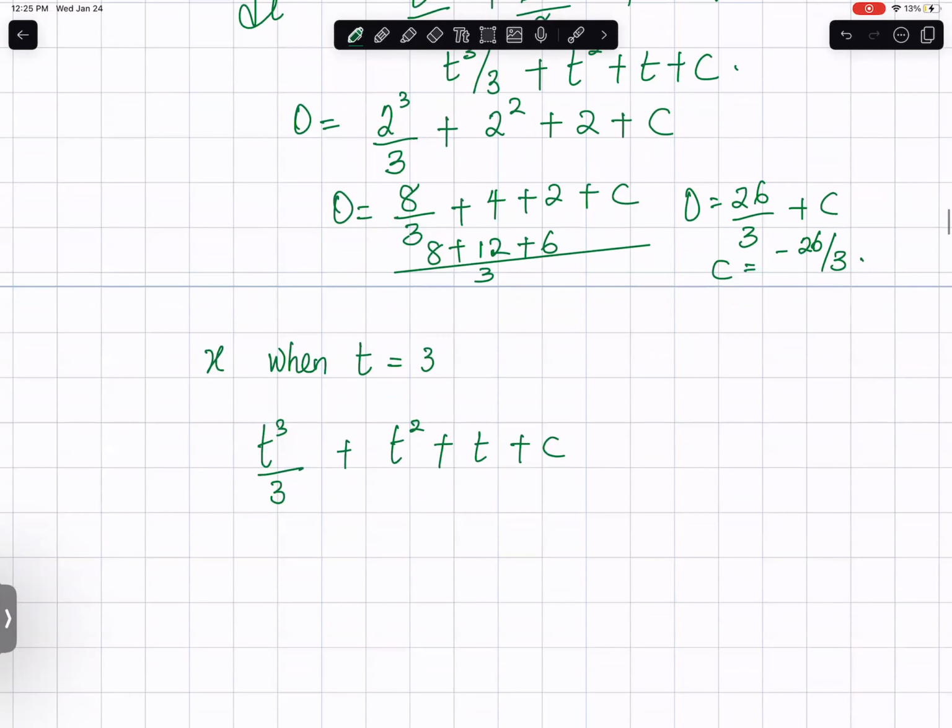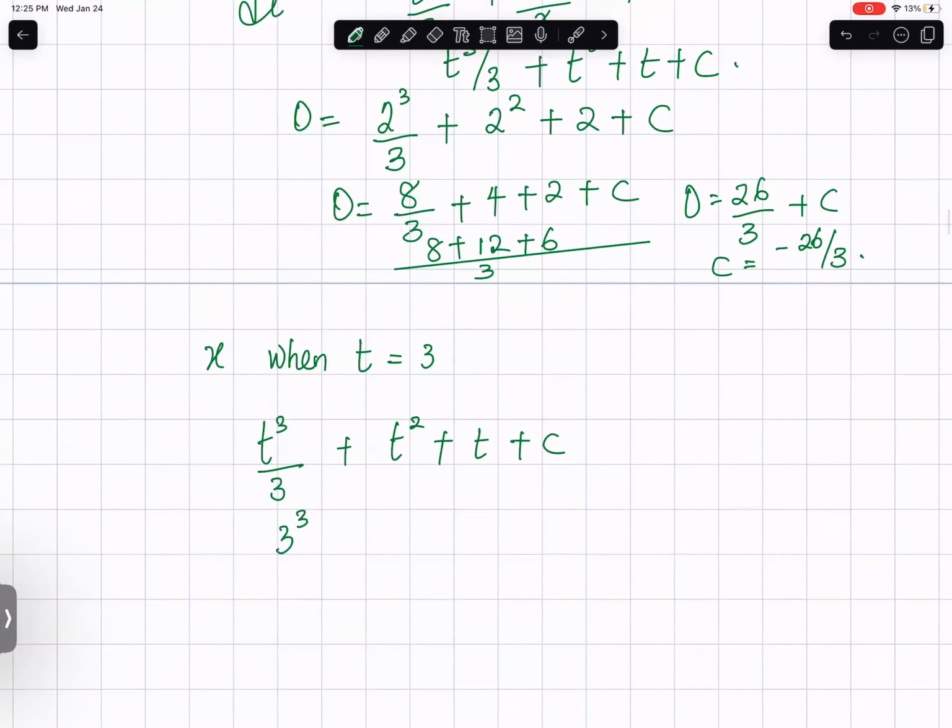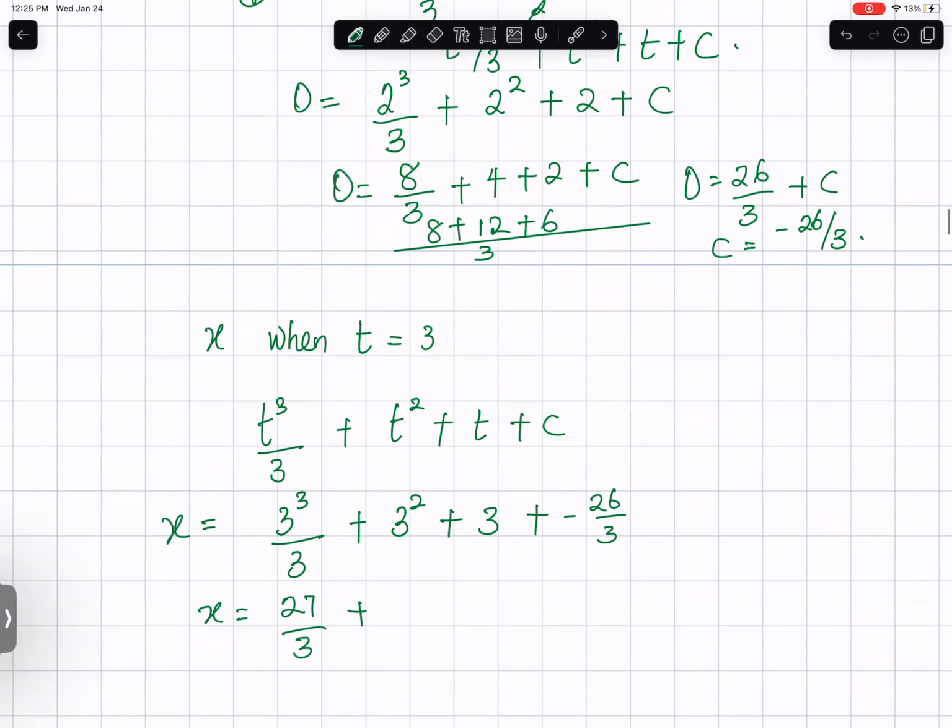So we have t is 3, so I have 3 cubed over 3 plus 3 squared plus 3 plus our c, which is minus 26 over 3. So we have x equals 27 over 3 plus, this gives us 9 plus 3 minus 26 over 3.